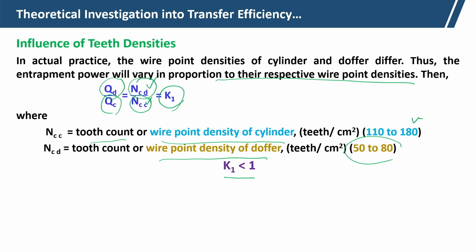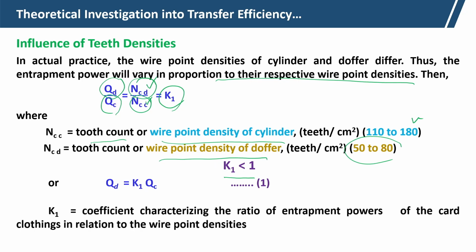If the doffer entrapment power is more, then transfer efficiency will be high, and in that case proper carding may not take place. So, QD equal to K1 QC from that equation, and K1 is the coefficient characterizing the ratio of entrapment powers of card clothing in relation to the wear point density.